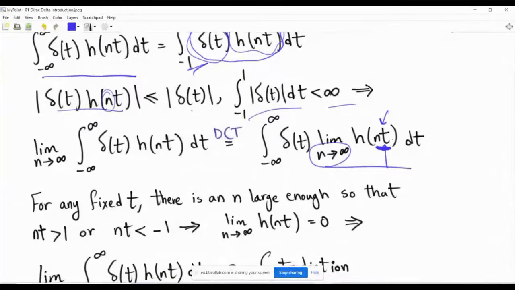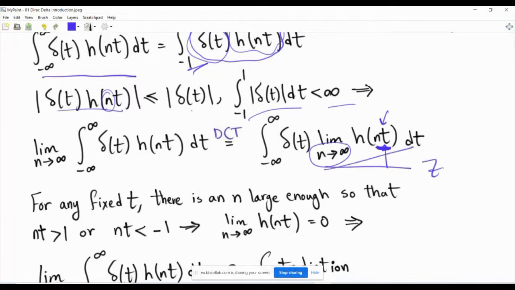If t is negative, again there exists some natural number large enough such that n multiplied by t will be less than -1. So in that case, the limit will be 0.